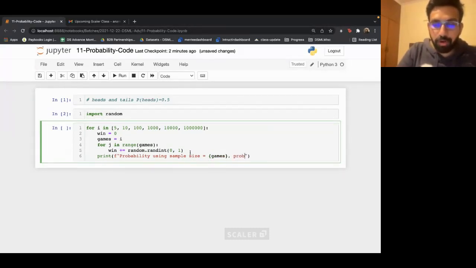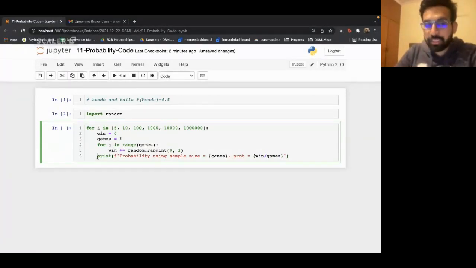I would say prob equals, what would be the value? It will be the number of wins, the number of outcomes in our favor, divided by the total number of games that we play, right? And I'm going to run this for 5, then 10, then 100, 10,000 and 1 lakh, whatever.